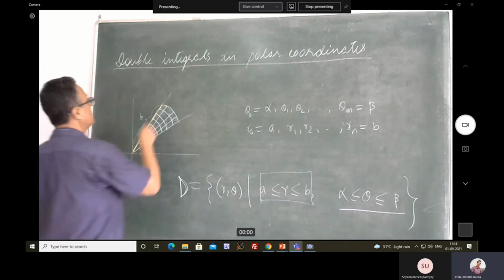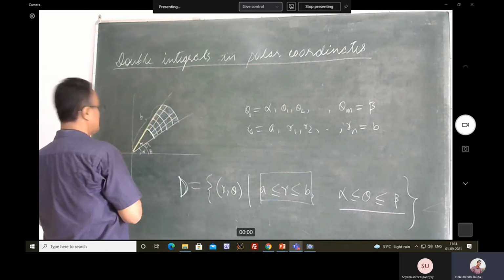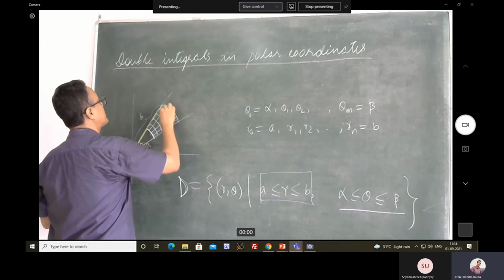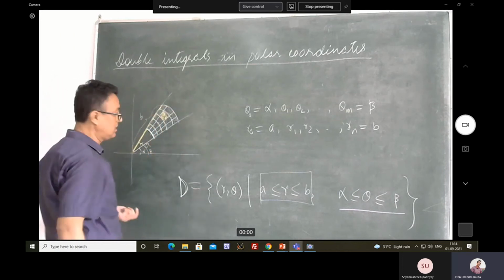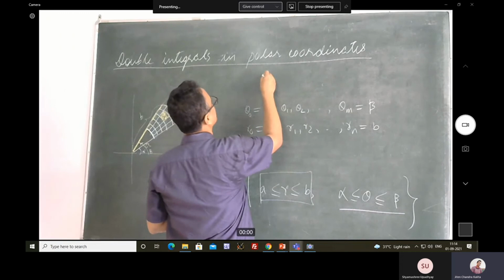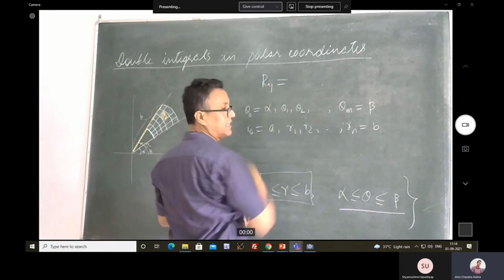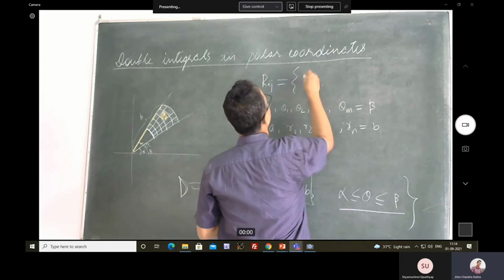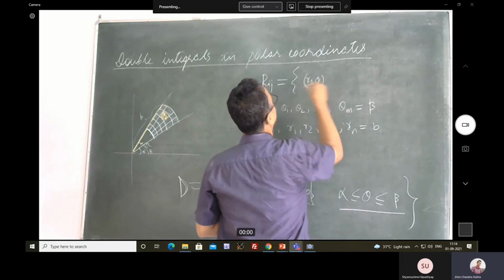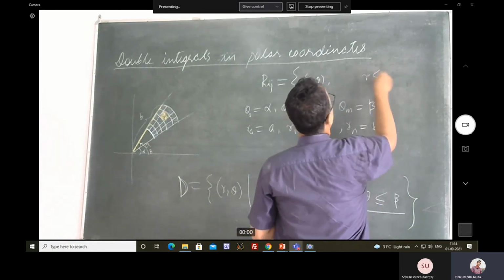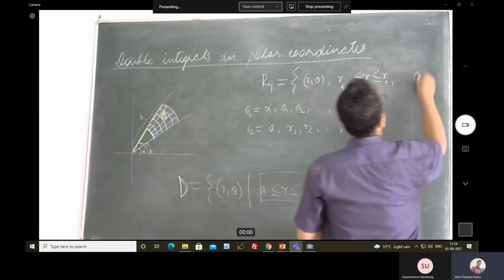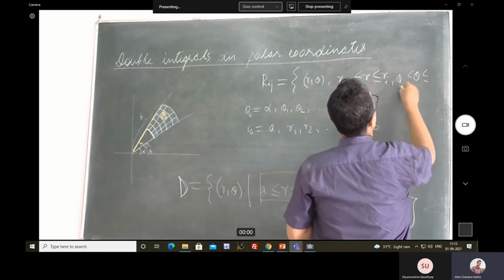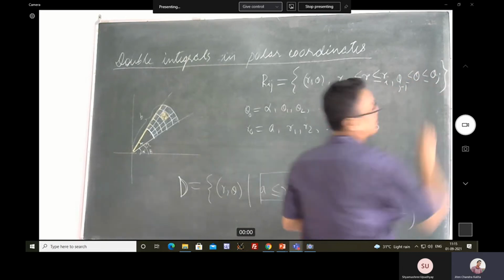Now, suppose I consider a sub-rectangle out of all those rectangles, in such a way that this sub-rectangle, I'm going to call it say Rij, and it is defined by your r and theta, such that your r lies between r i minus 1 and ri, and theta lies between theta j minus 1 and theta j.